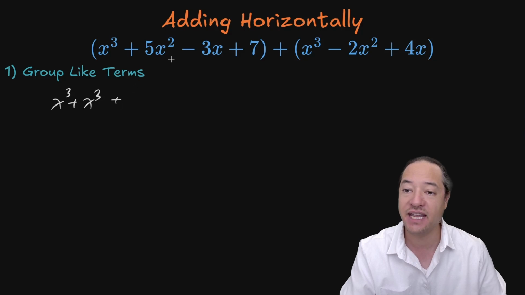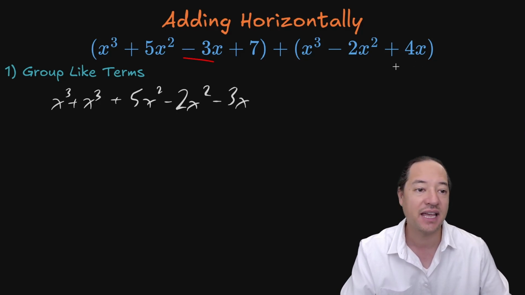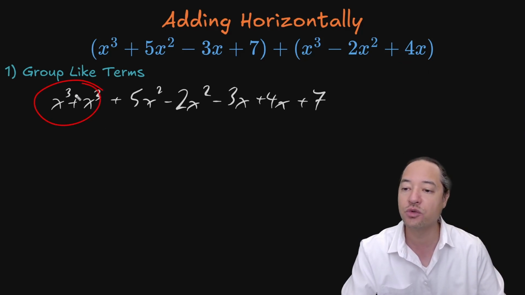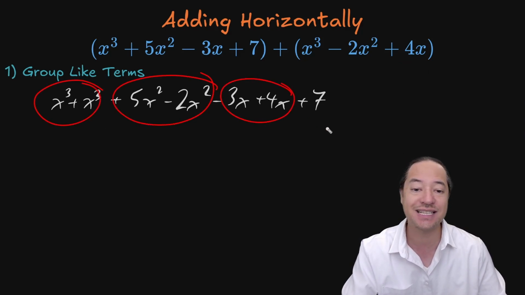And then we're going to have a 5x squared here, and we have a negative 2x squared, so minus 2x squared. Then we're going to have a minus 3x, and then here a plus 4x, and then a plus 7, and then that's all we have. And so what we've done is we've grouped the like terms together just like this.